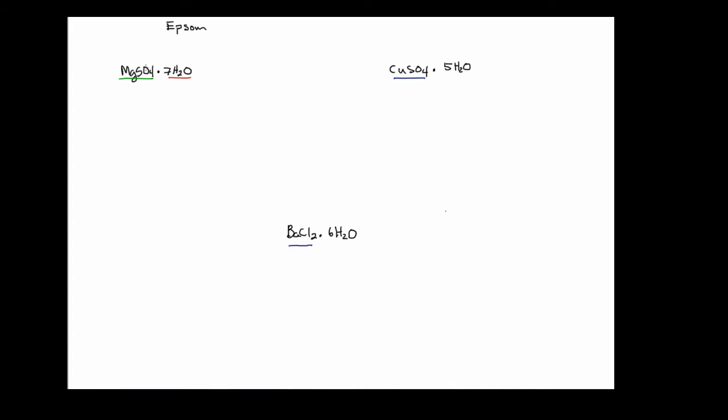You need to pay attention to the type of polyanion that is part of the ionic compound because we're going to use its name. So for this compound, for Epsom salt, the name of the ionic compound will be magnesium sulfate, and then we need to deal with the H2Os.